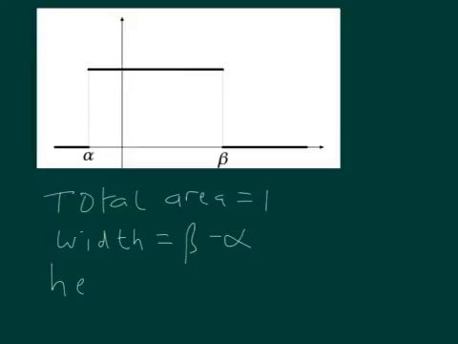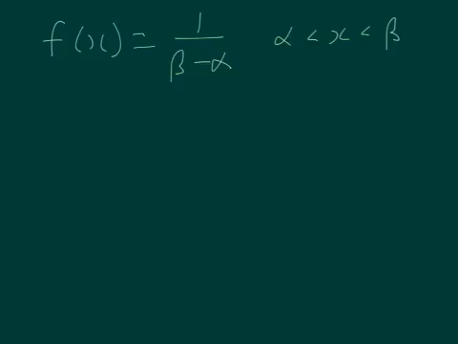So the height is 1 over beta minus alpha. So the probability density function is 1 over beta minus alpha when x is between alpha and beta, and it's 0 otherwise.